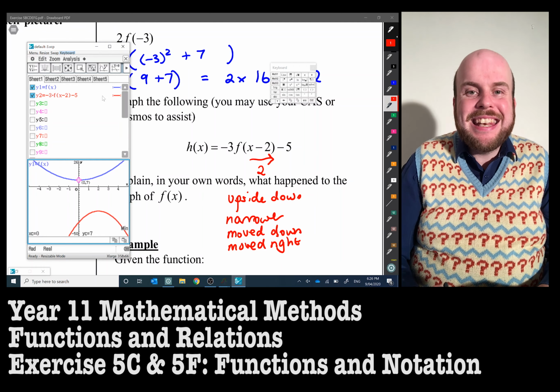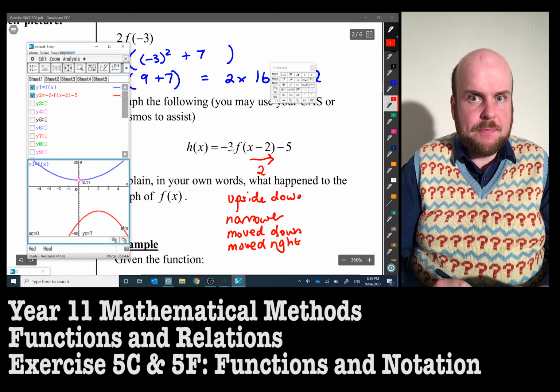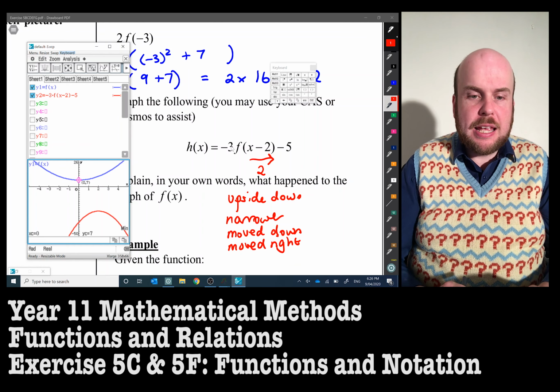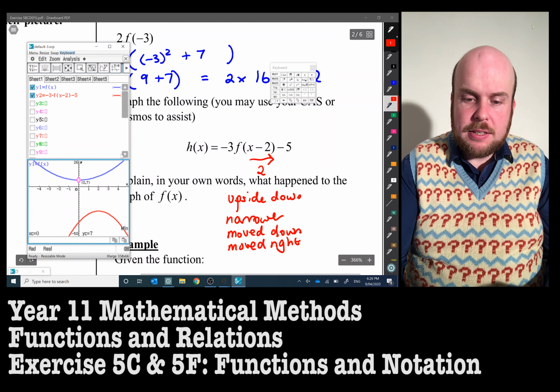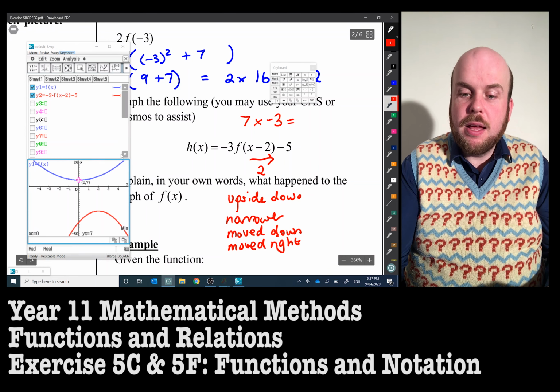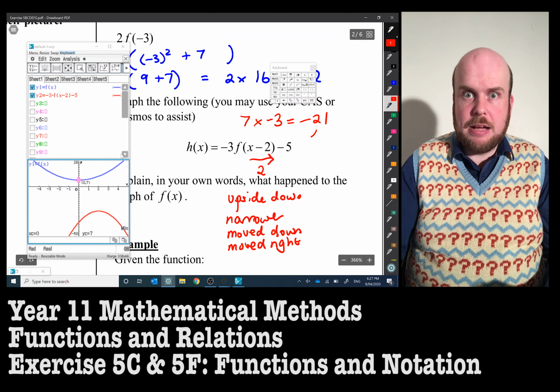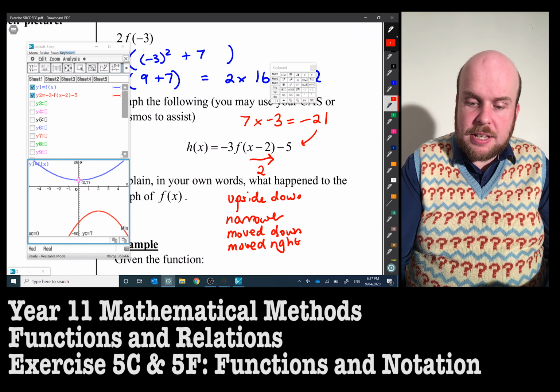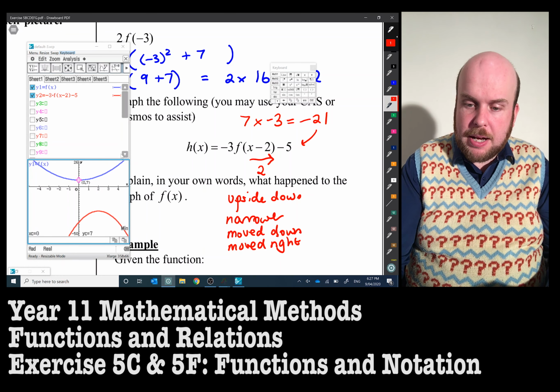You'll notice there's a negative 3 at the front. So what it's done to that turning point is 7 times negative 3 is negative 21. Then we move that down by 5, so it's now gone down to negative 26.